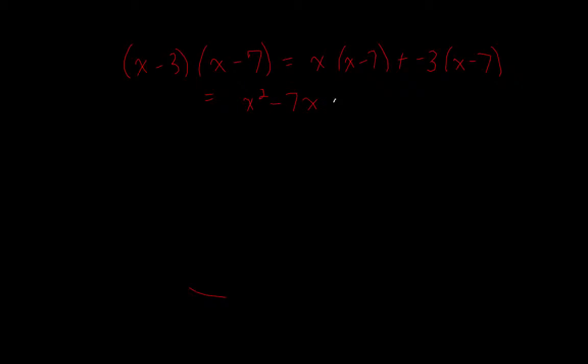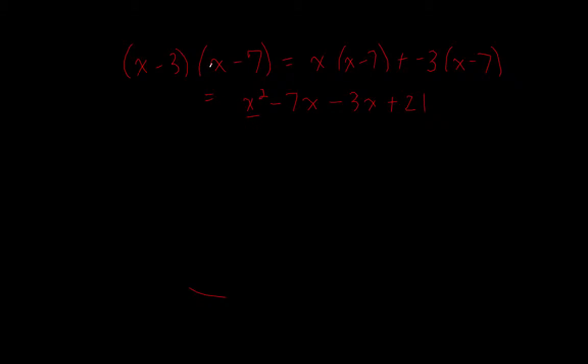So foiling, right? If I have, for example, x minus 3 times x minus 7, then I FOIL, because what I'm doing is distributing twice, really. This is x times x minus 7 and negative 3 times x minus 7. So that's x squared minus 7x minus 3x plus 21.